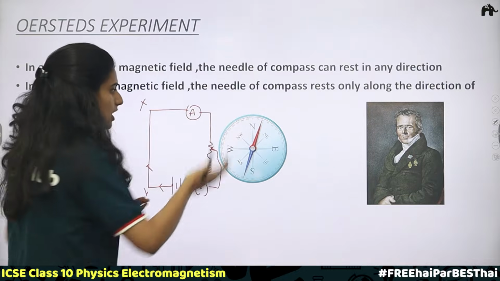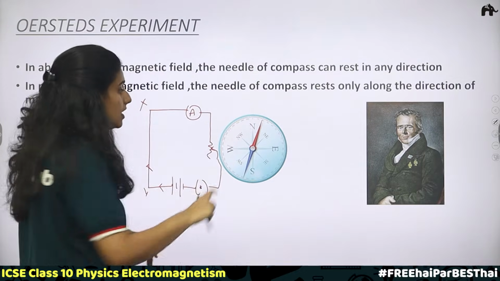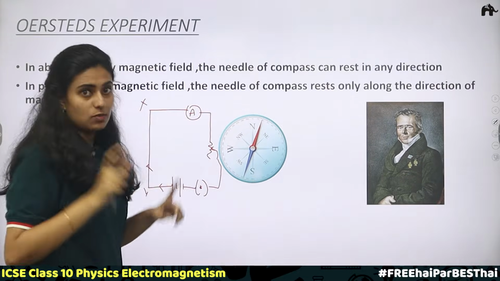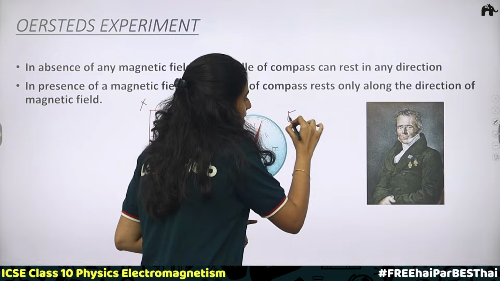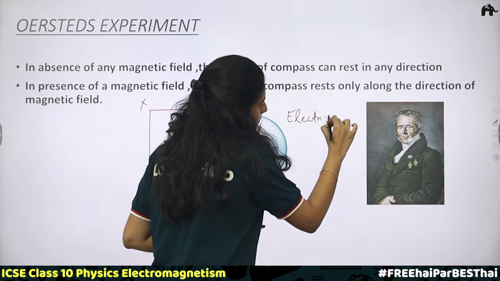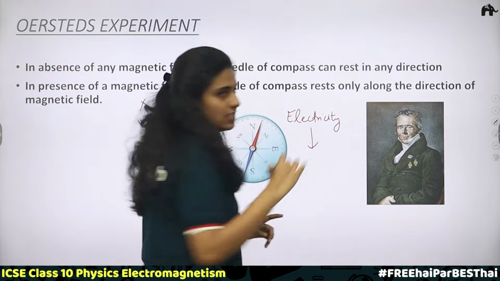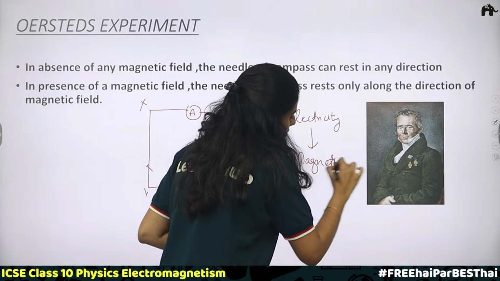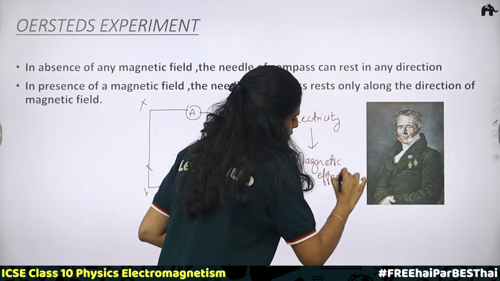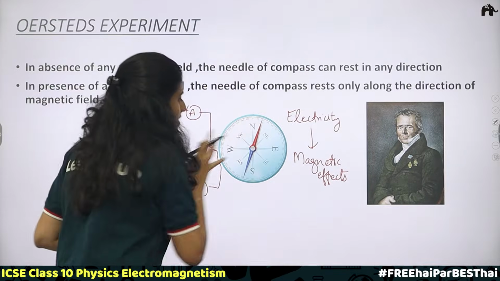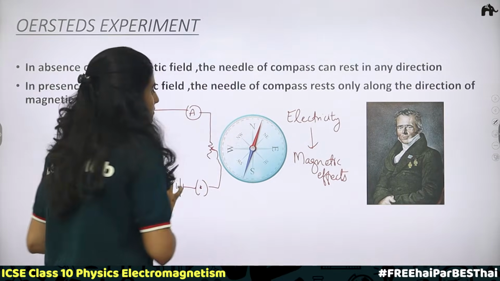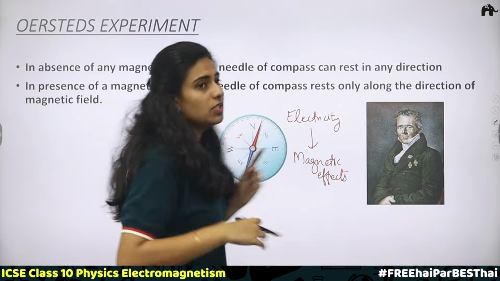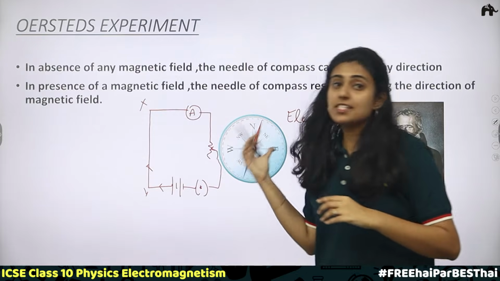Initially there was no deflection, but when he brought this compass close to this wire, there was deflection, which means when electricity was made to flow through the conducting wire, it produced magnetic effects. This was his observation. Using a compass needle, he found out that a magnetic field is produced around the wire. So the relation between electricity and magnetism was studied by him.